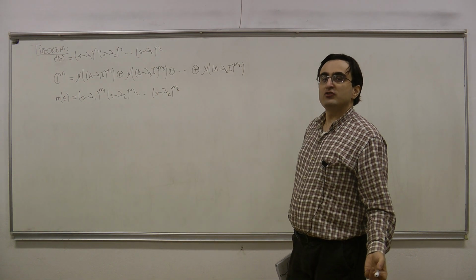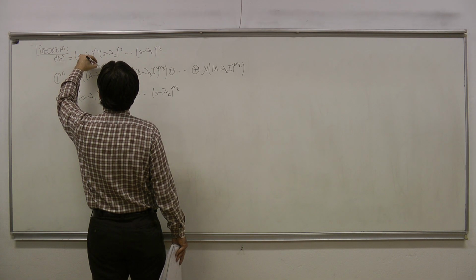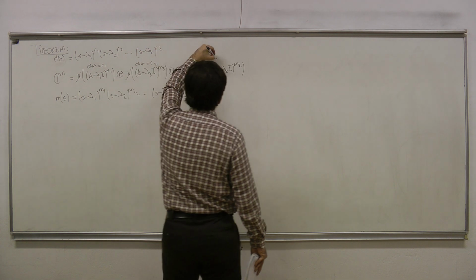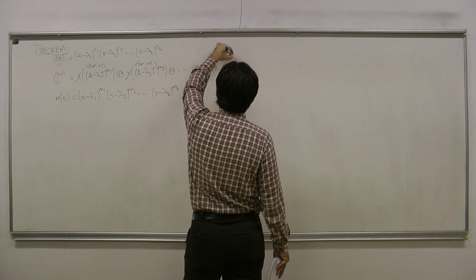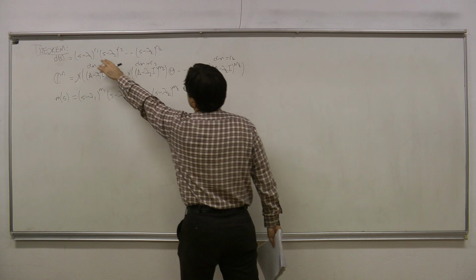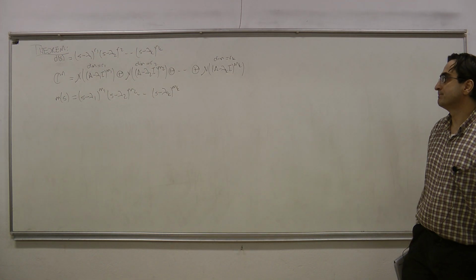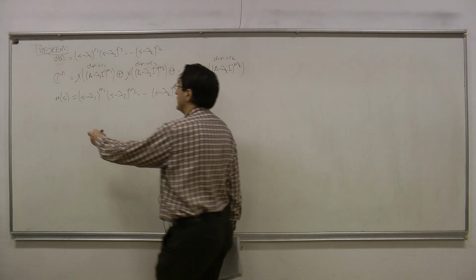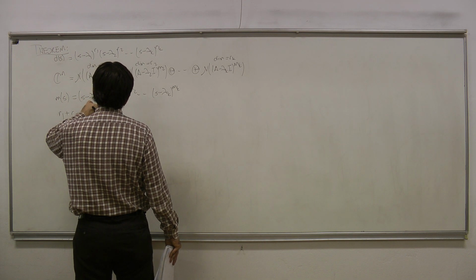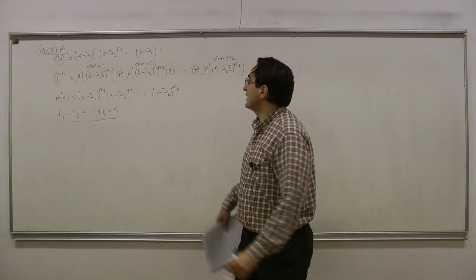What about the dimensions of these null spaces? We know that this null space has dimension r1, this null space has dimension r2, and this null space would have the dimension rk. So the dimensions of these null spaces are determined by the characteristic polynomial powers. And I know that the summation of these dimensions, r1, r2 going until rk, is equal to n. Why is that?